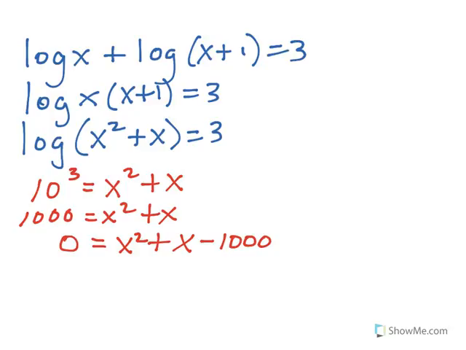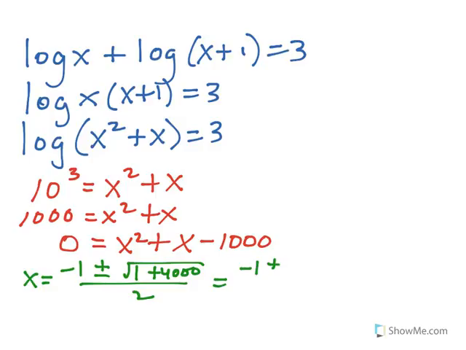What's your favorite method? I don't think this one is factorable, so I'm going to go quadratic formula. x equals negative b plus or minus square root b squared minus 4ac all over 2a, which is going to get me negative 1 plus or minus square root 4001 over 2.